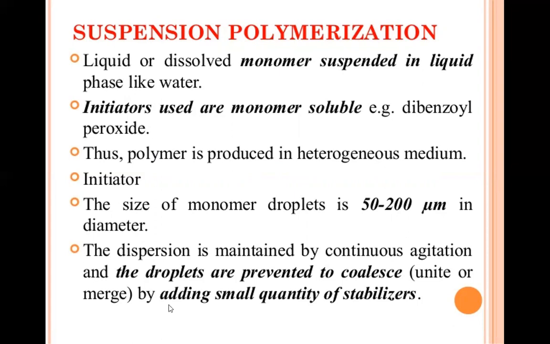in diameter. The dispersion is maintained by continuous agitation, and the droplets are prevented from uniting and merging by adding a small quantity of stabilizers. That means in this technique, along with the monomer, initiators and stabilizers are used.